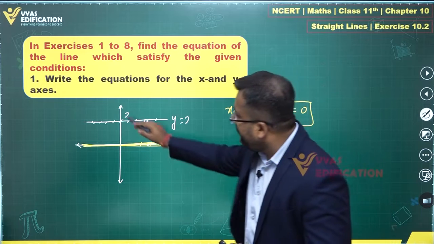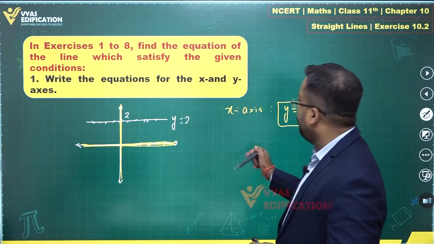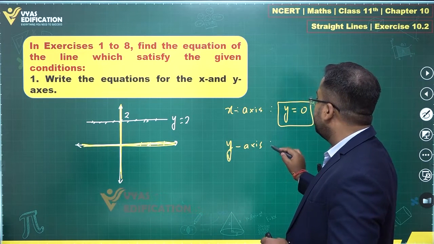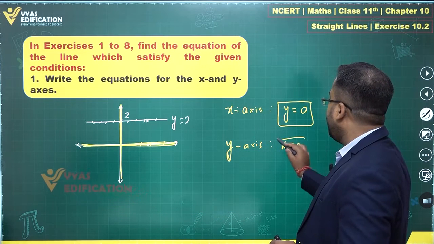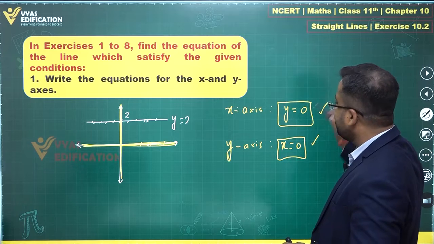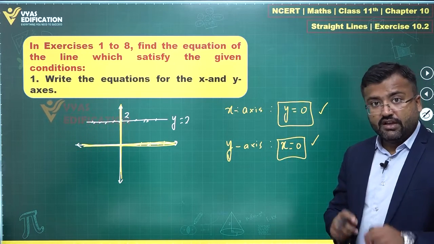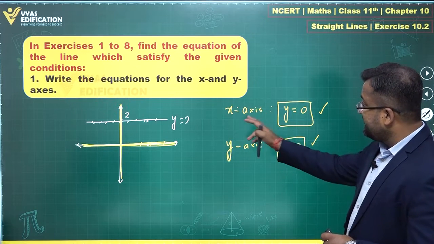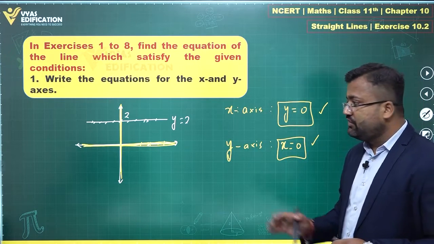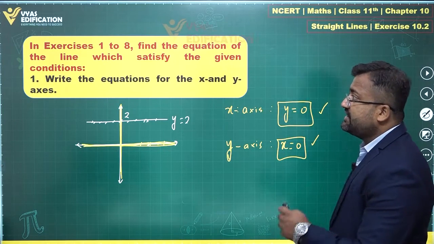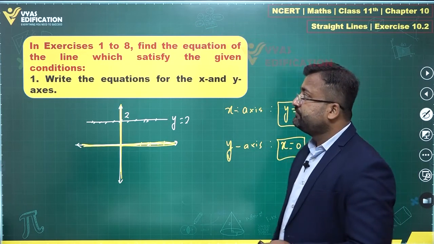Similarly, the equation of y-axis over here, for y-axis, what do you have? For y-axis, all points will have x coordinate 0, and yes, these are the corresponding equations of x-axis and y-axis. For x-axis the equation is y equal to 0, and for y-axis the equation is x equal to 0. That's the complete solution of this first question.